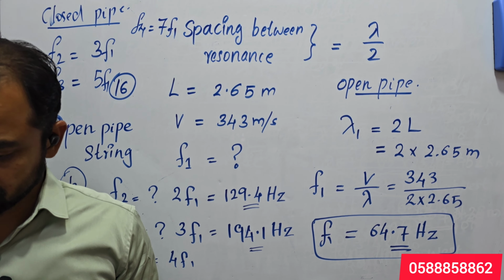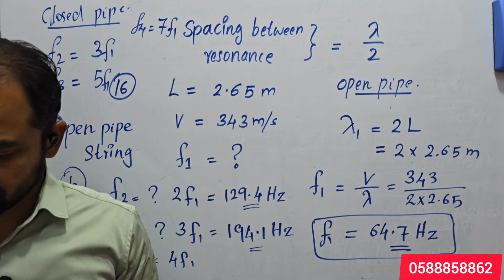The difference in sound quality between instruments is called timbre, right? Timbre or tone quality. For example, each musical instrument has its own harmonic frequencies, right? A number of different frequencies will be there.